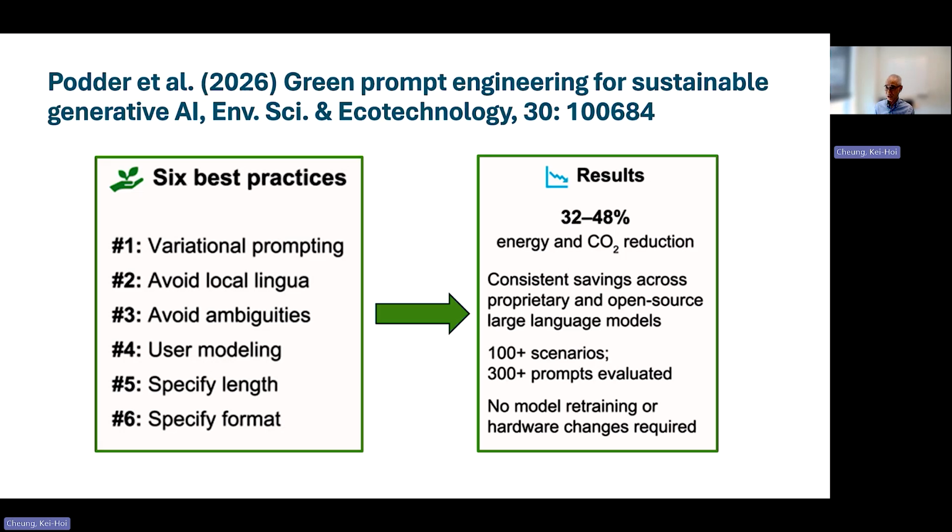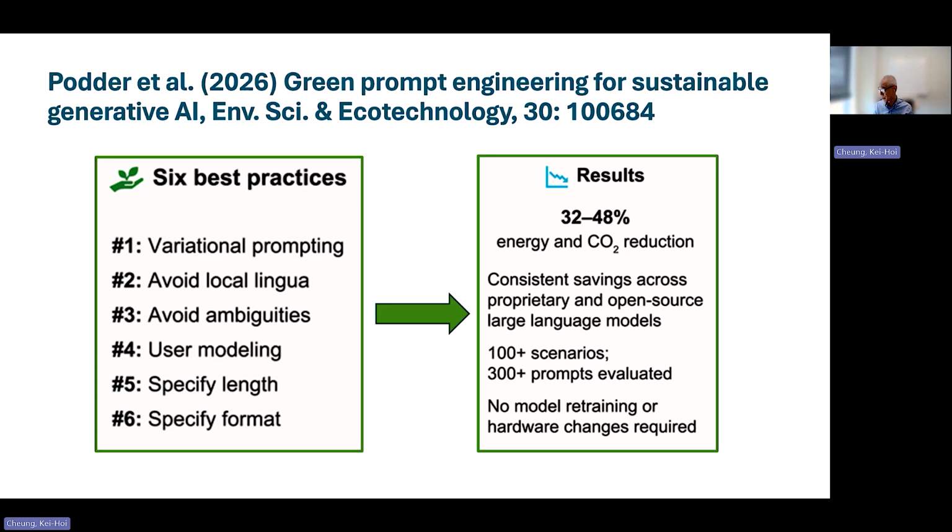This paper described 6 best practices, including variational prompting. Basically, you try to avoid too many inference or iterative steps to get your answers. You try to create prompts that could get answers in different scenarios in one shot or few shot. Try to avoid using jargon or local lingo.